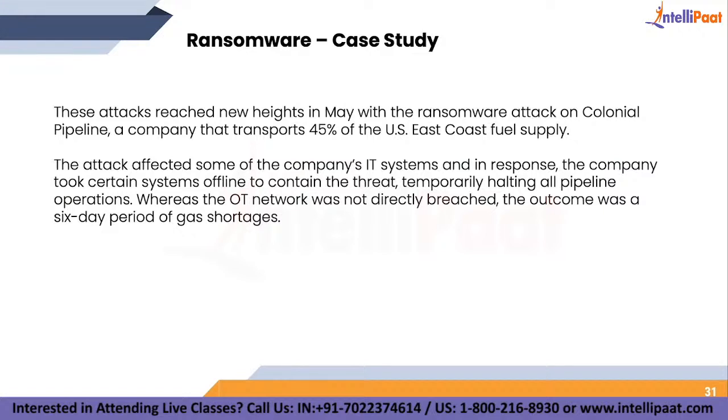The ransomware attack on Colonial Pipeline, a company that transports 45% of the US East Coast fuel supply. The attack affected some of the company's IT systems initially, and in response, the company took certain systems offline to contain the threat, temporarily halting the entire pipeline. Whereas the OT network was not directly breached, the outcome was a 6-day period of gas shortages.